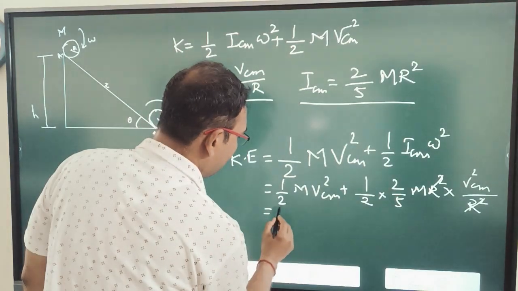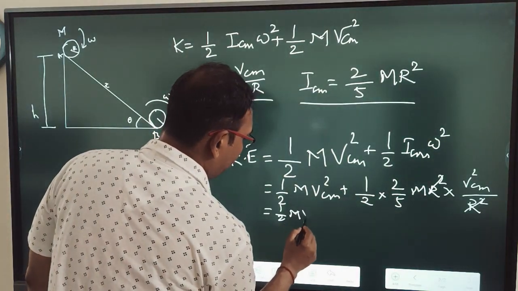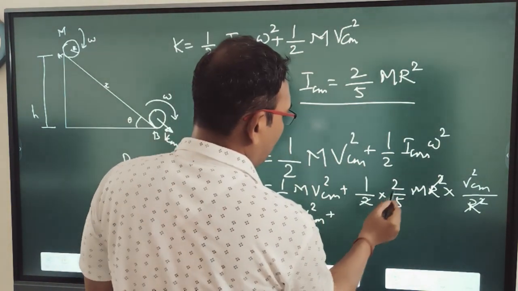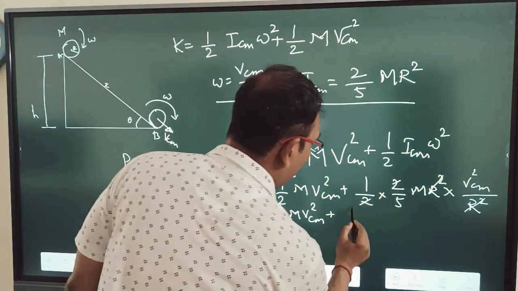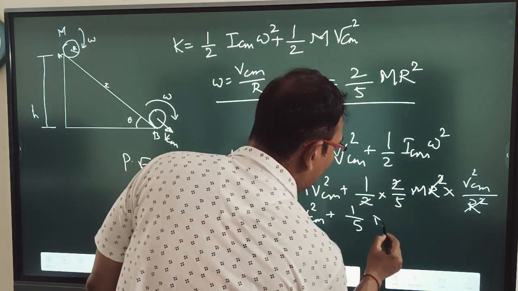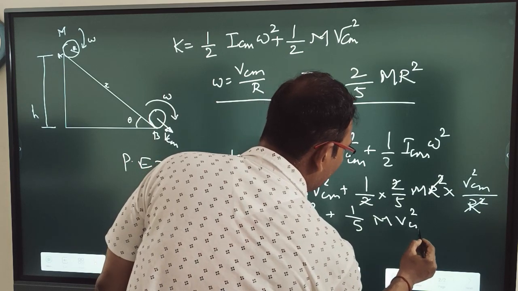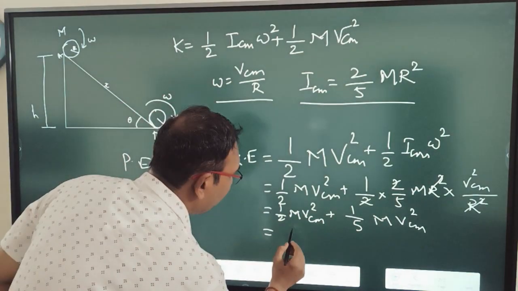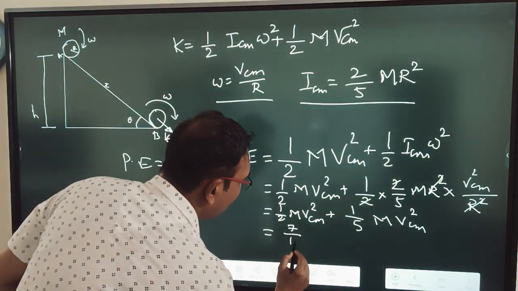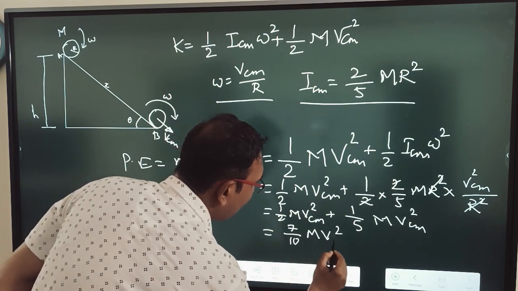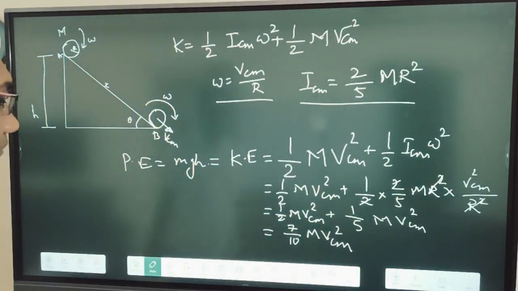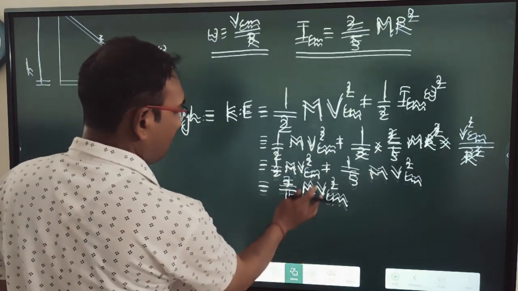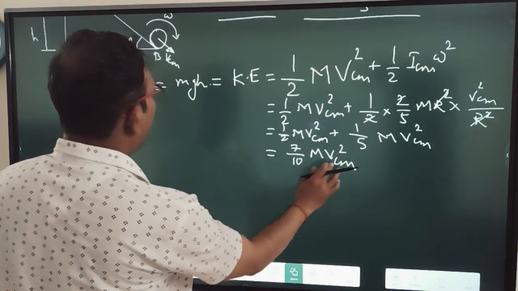If you calculate this, half m v square cm plus one by 5 m v square cm will be 7 by 10 m v square cm.